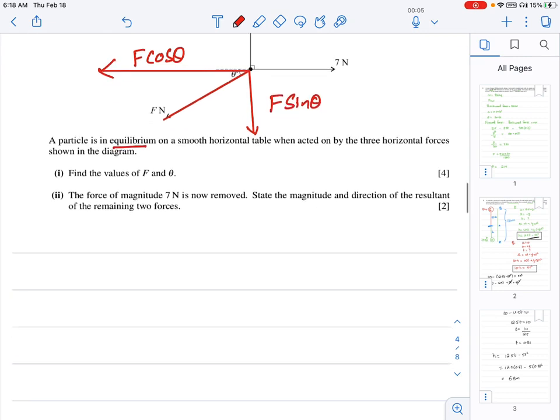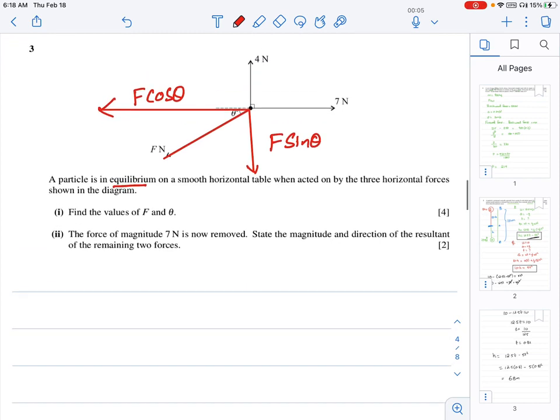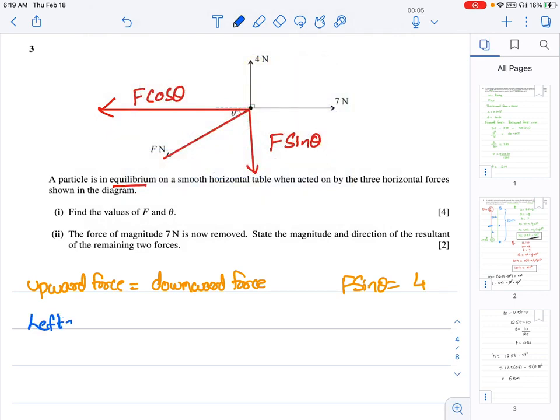So left side force should be equal to the right side force, upward force should be equal to the downward force. So F sin theta is equal to 4. Similarly, the next one is left side force should be equal to right side force.